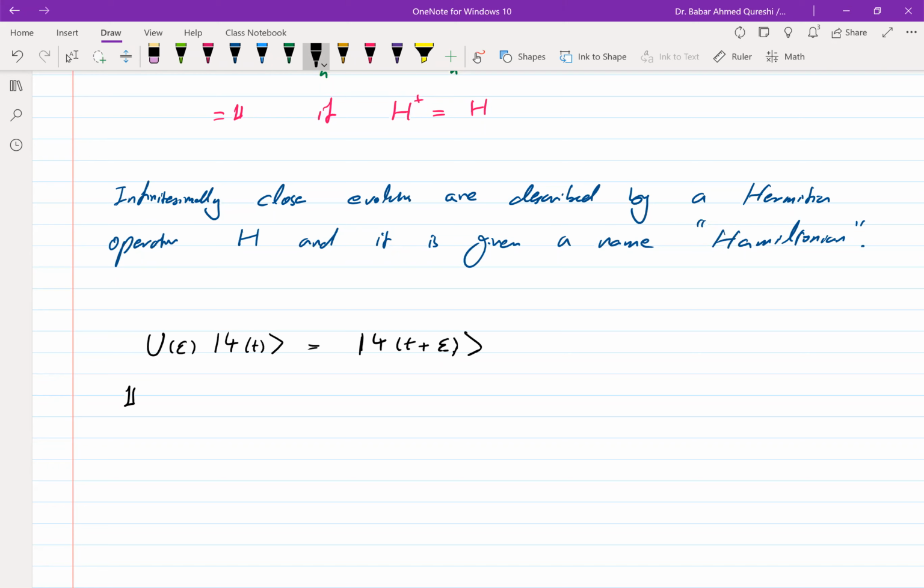But this is 1 minus iota epsilon over h bar H acting on psi of t.